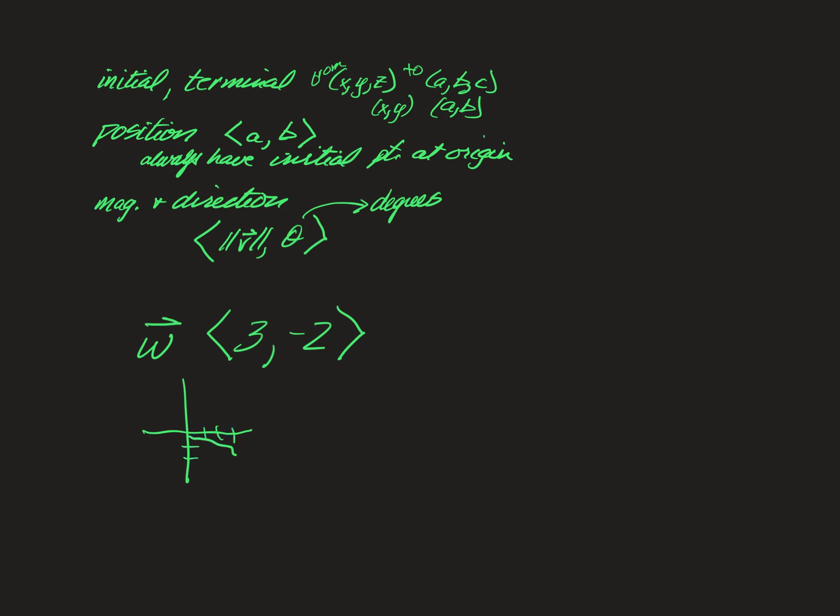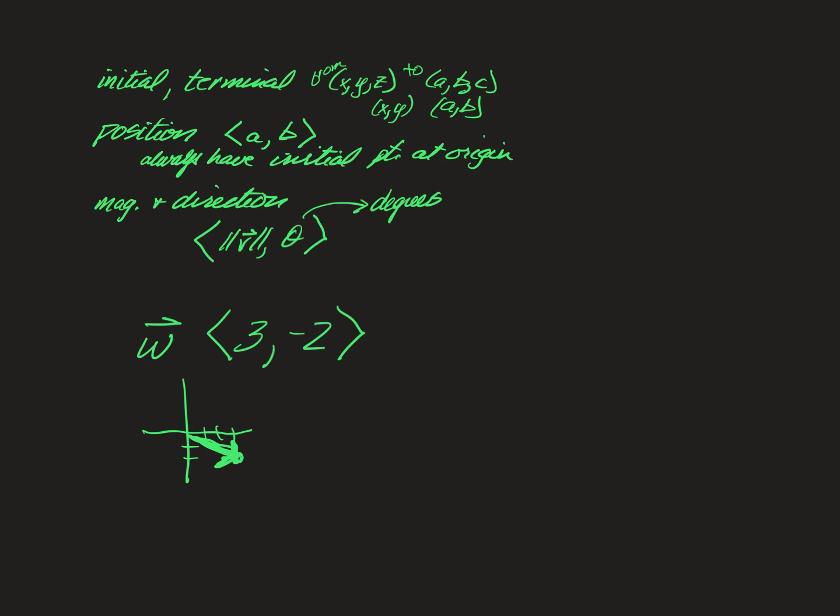Okay? All right, that's what it would look like, 3, -2. Okay, so what we'd like to do is we would like to write it in magnitude and direction form.